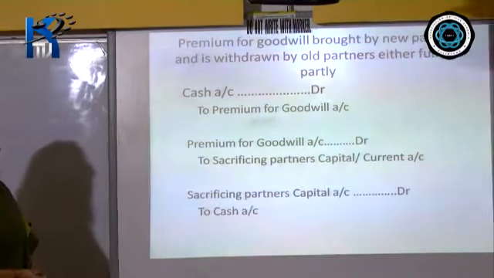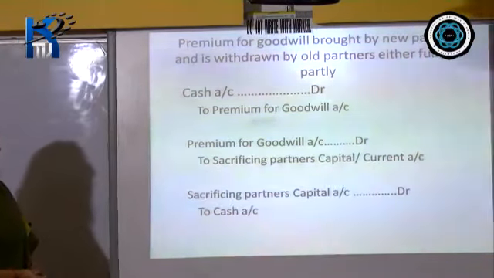So the entry will be, let's assume there were two partners, A and B. A's capital account debited, B's capital account debited to goodwill. So this will be written off. This is the entry for writing off goodwill.